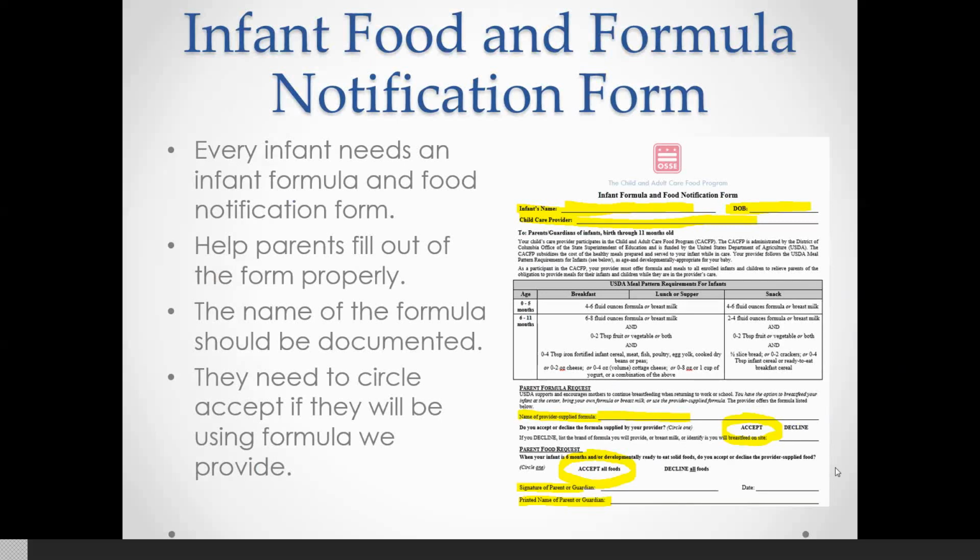And if they're going to accept our formula, they would need to circle the accept, and accept all foods if they're going to have the Gerbers and the cereals and things like that at 6 months. And they would just need to sign. And anytime an infant joins, is enrolled, they would need to fill out this form, and it would need to be sent to me in order to provide that formula.